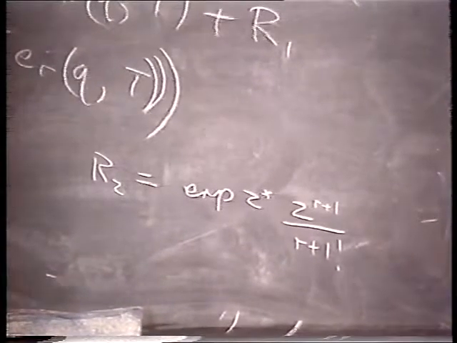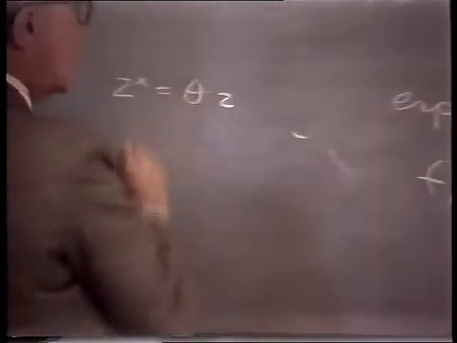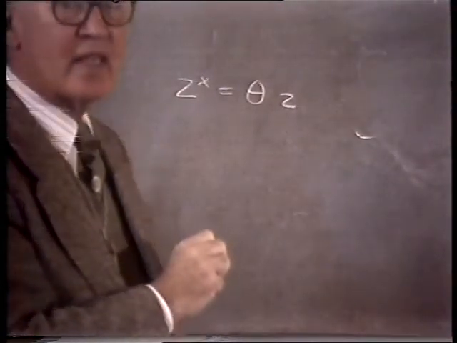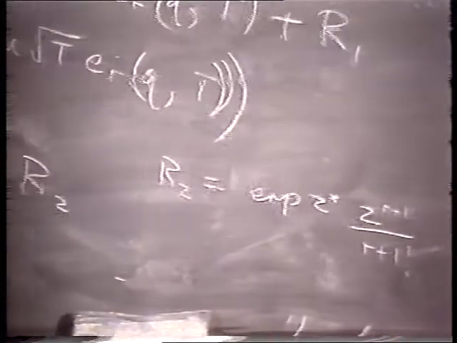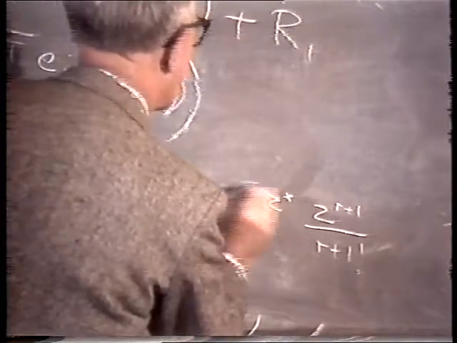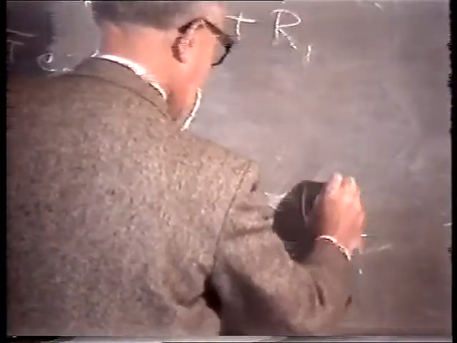z star is theta times z, and z is imaginary. So z star is also imaginary. So exponential z star has modulus less than 1, and so you simply get the inequality that R2 is less than or equal to that.